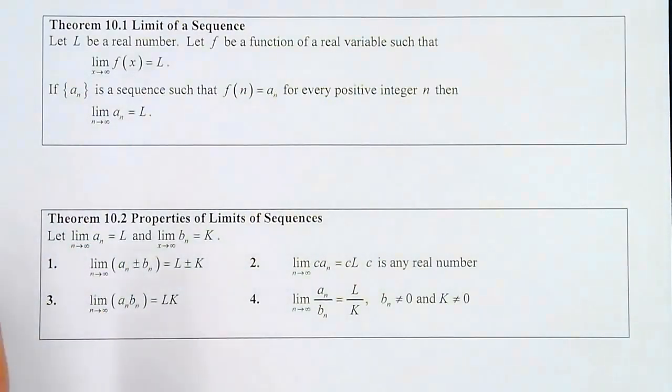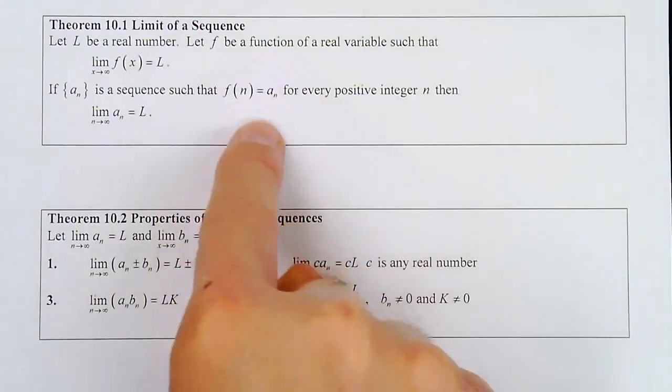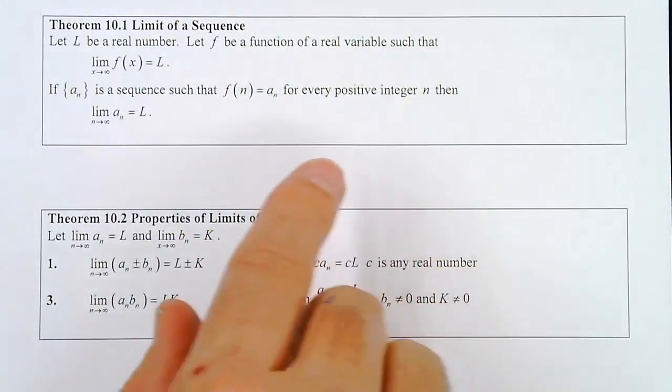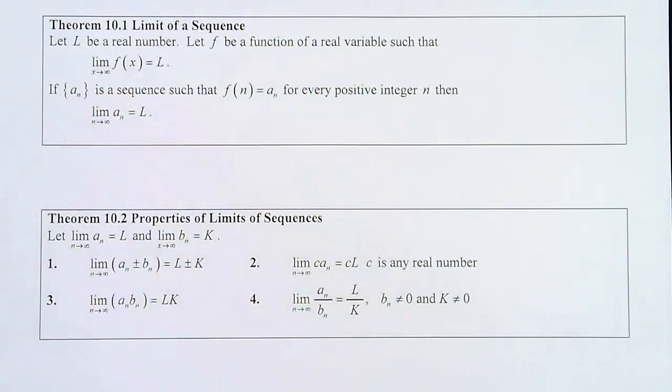Because you could put in like 1.5 and 1.3, and you could put other values in. But if we know that the function and the term formula a sub n are the same for every positive integer, then we can say that the limit of that sequence is equal to L. So we can treat these kind of like functions, is basically what it says.